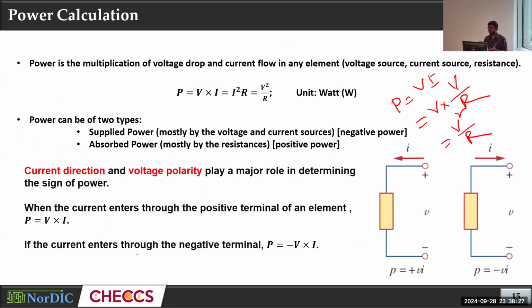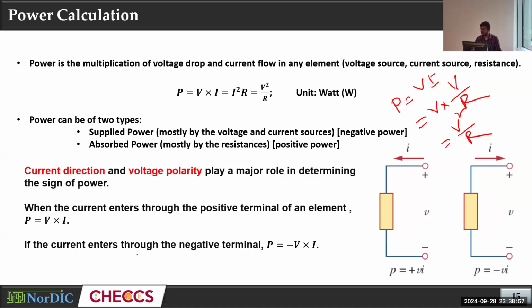So the sources that we use, voltage source and current source, are for supplying power to all the elements in that circuit or product. If you connect this TV to a power socket, that's the voltage supply, right? The power socket is the voltage supply.